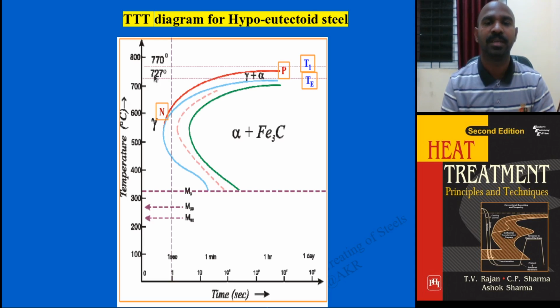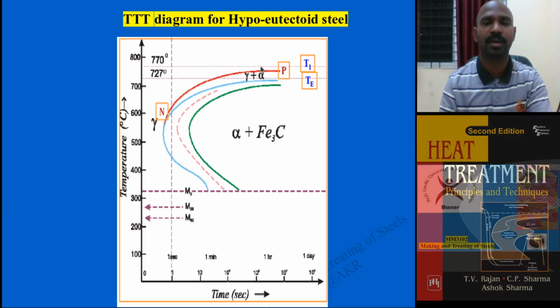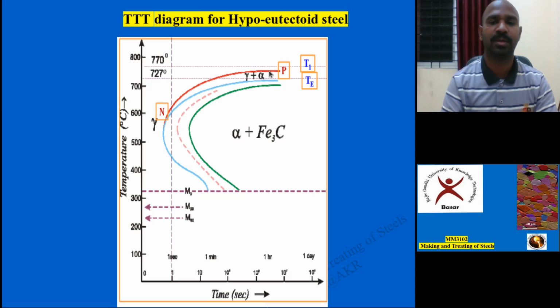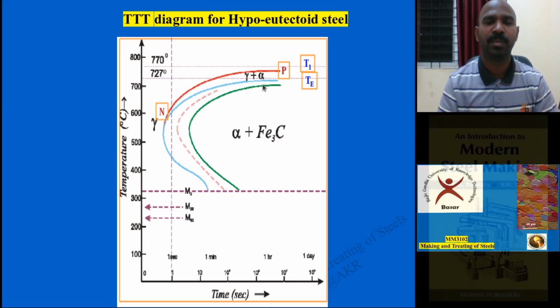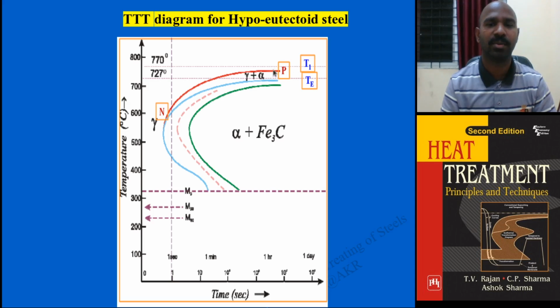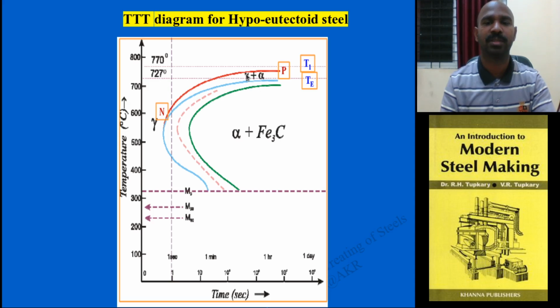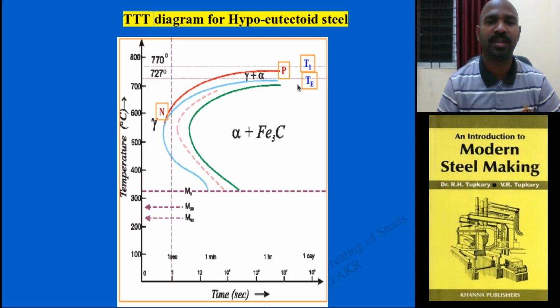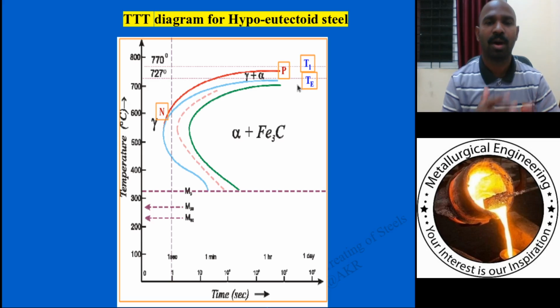When you keep it at this 770 degrees temperature, below this for a long time, it completely transforms to pearlite when it touches this finishing line. This is pearlite starting, this is pearlite finishing. When you extend this line to around this time, it is completely pearlite. The gamma plus alpha was the initial phase, the final phase was alpha plus cementite, that is pearlite, 100% pearlite transformed.